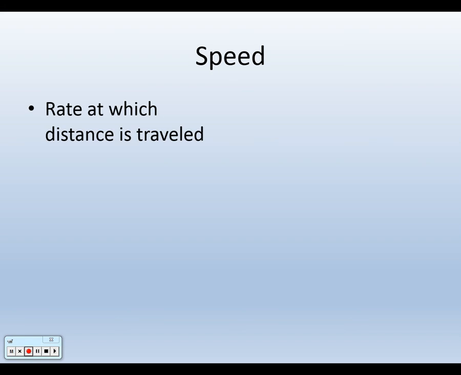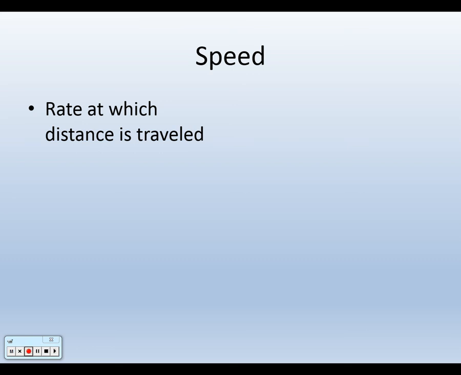So let's start off with speed. First, by definition, speed is the rate at which distance is traveled. When we describe anything as a rate, there is one factor that we always need to include. What is that one factor that we need to include when we talk about something being a rate?